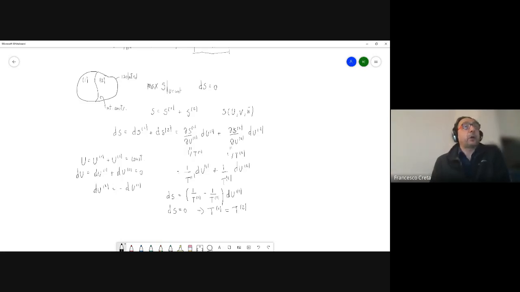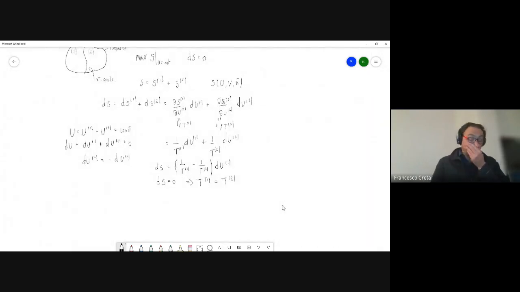I mean, if this is hot and this is cold, we remove the constraint that keeps them from exchanging heat, and the hot and the cold will uniform themselves to some sort of average temperature, okay? But it gets even a little bit more interesting, because look, suppose that we are at equilibrium.